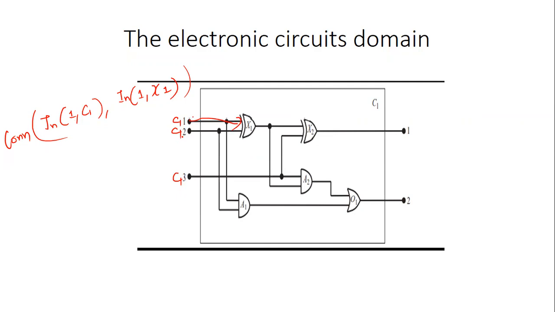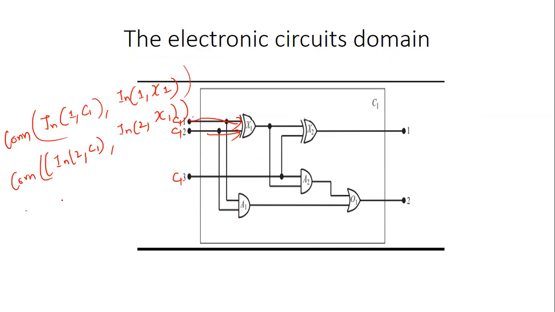Similarly, how will we represent this? The second input of C1, in of 2 comma C1, is connected to the second input of X1, right? Similarly, C1 and C2 go to A1 also.